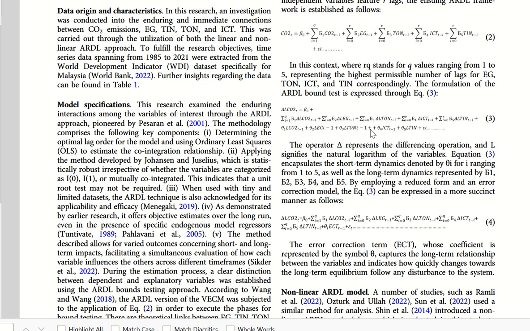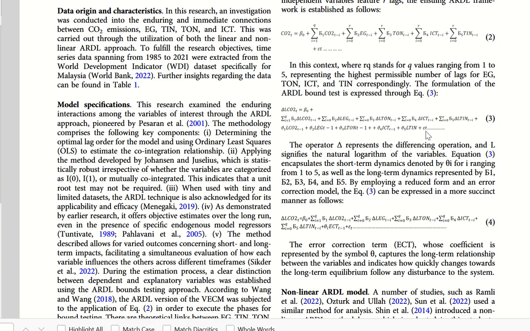In equation 3, the ARDL model includes both short run dynamics and long run dynamics. The key points are delta for the short run, and the logarithm L with all variables.